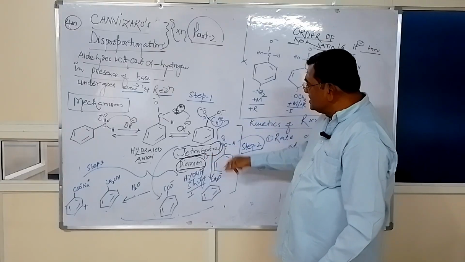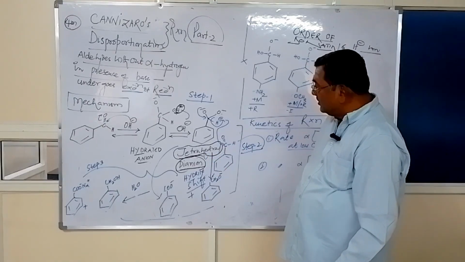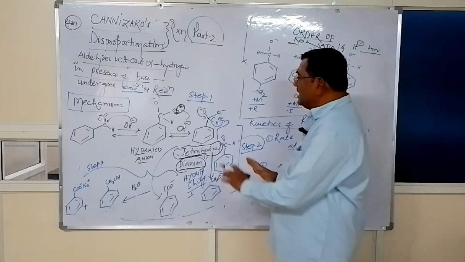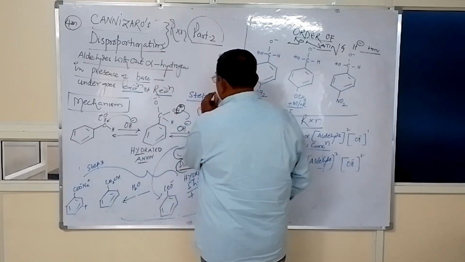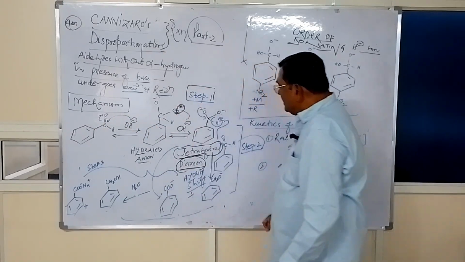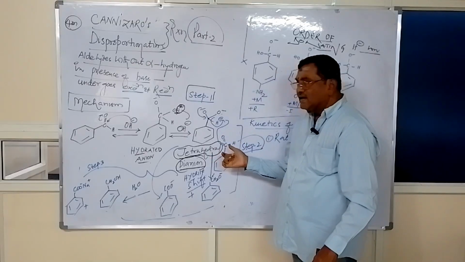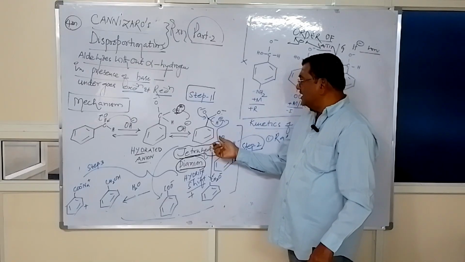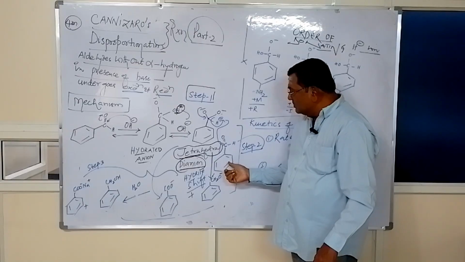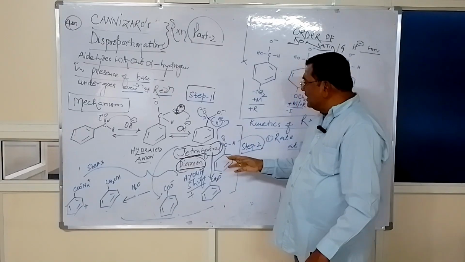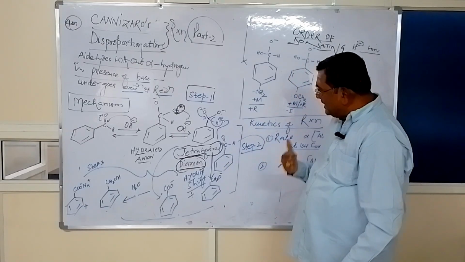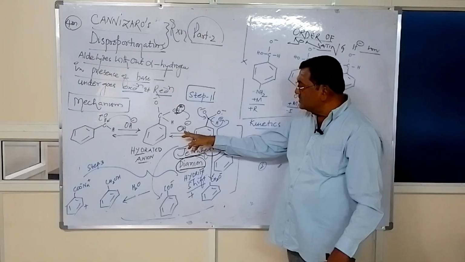When you have this tetrahedral dianion, this entire thing is called step 1. After getting the tetrahedral dianion, there is one more friend, that is another molecule of benzaldehyde. That won't ever keep quiet in presence of base. What is the base going to do here?